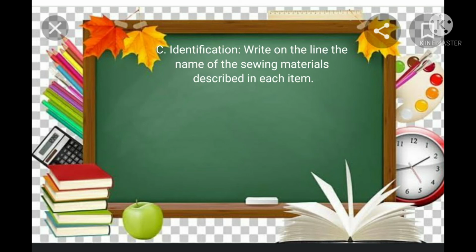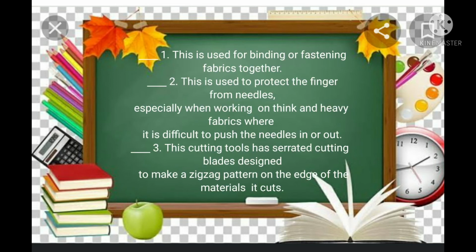C. Identification. Write on the line the name of the sewing materials described in each item. Number 1, this is used for binding or fastening fabrics together. Number 2, this is used to protect the finger from needles, especially when working on thick and heavy fabrics where it is difficult to push the needles in or out.